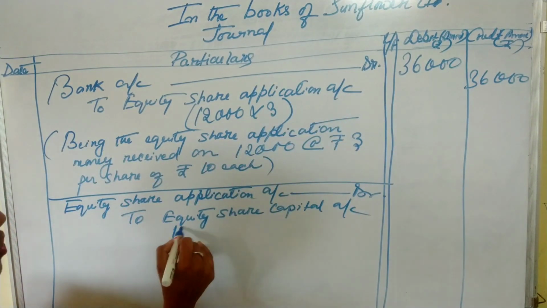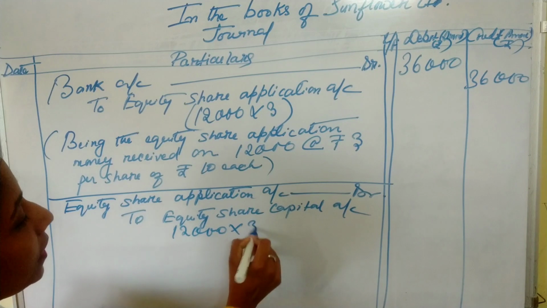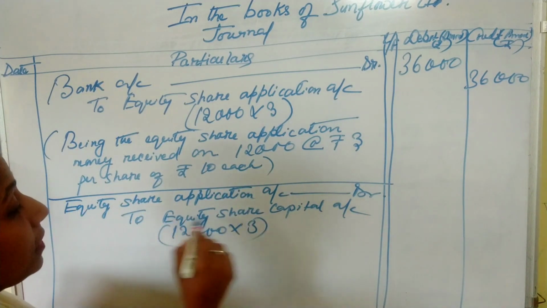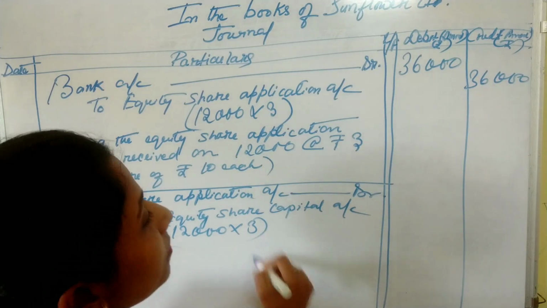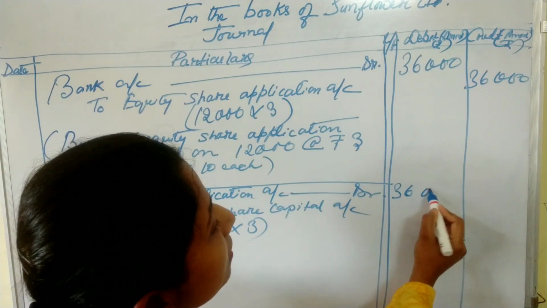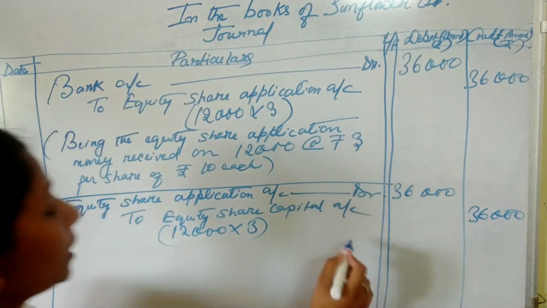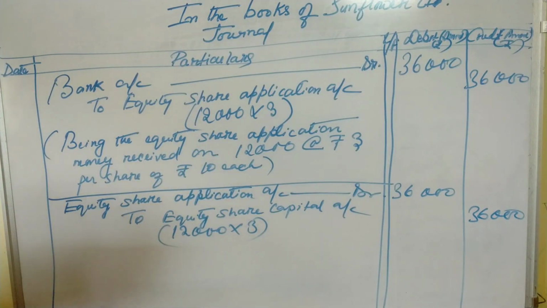The number of shares is 12,000 and the money collected against application is rupees 3. So 12,000 multiplied by 3 is 36,000. This 36,000 is transferred from application to the share capital account.